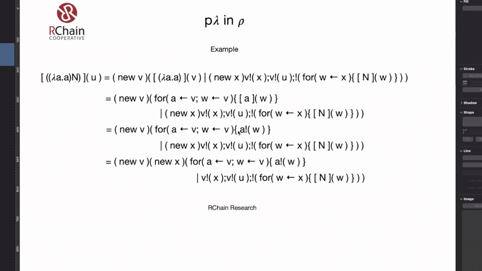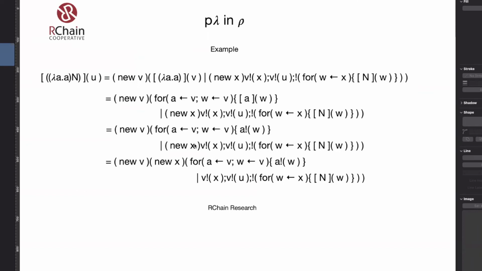Okay, so we've completely translated that part of it, right? And we don't know the structure of n, so we can't go any further with that. This is as far as we can go with that. But we do have enough to actually execute.